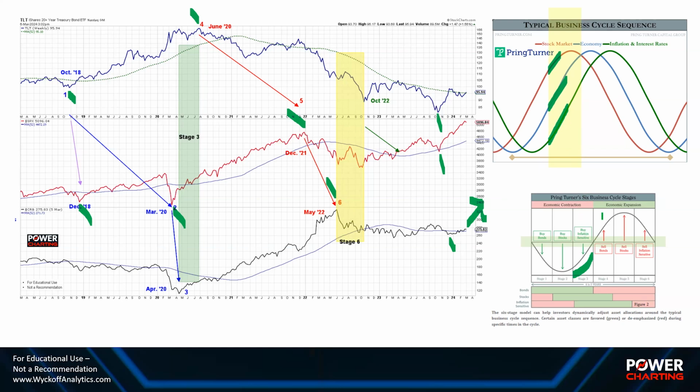And stage 4 is when the bond market peaks out. We're not saying we're at stage 4 yet. We're in 3. And 3, by the way, is one of the best stages to invest in the business cycle, because all the asset classes are in confirmed uptrends. And so this is a great time to be an investor.